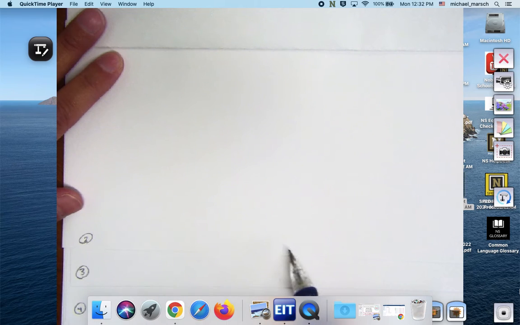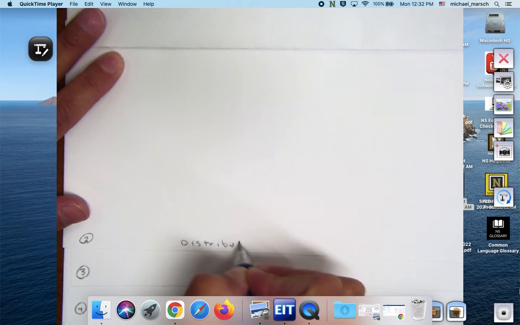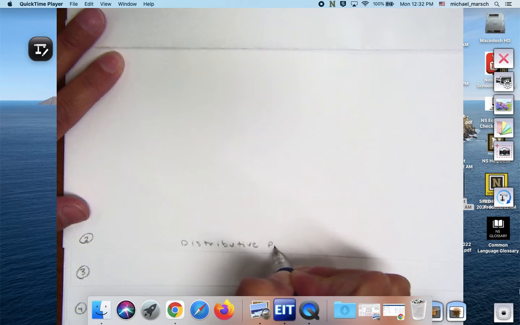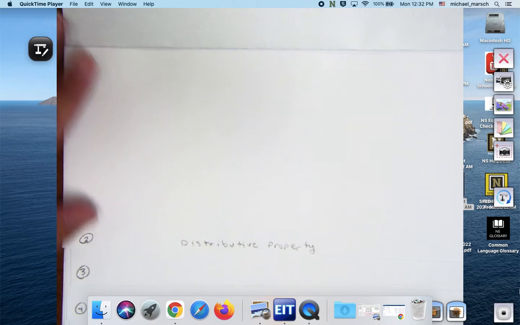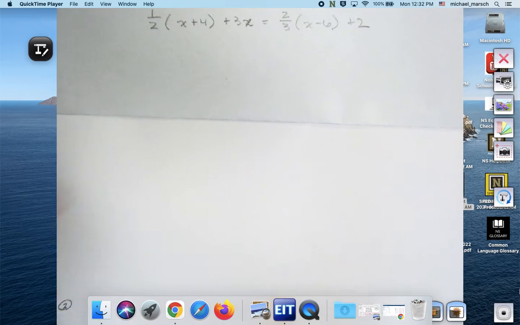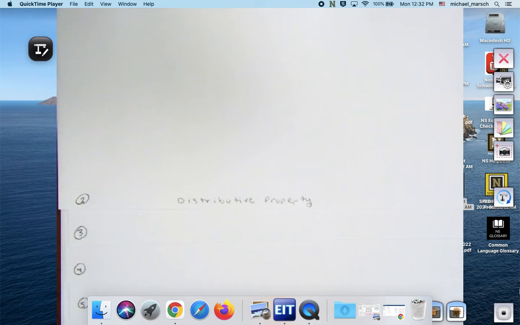Okay. Now, next to number 2, we're going to write distributive property. Nope, leave it up. We're just going to keep flipping and adding things. Yep. Distributive property.